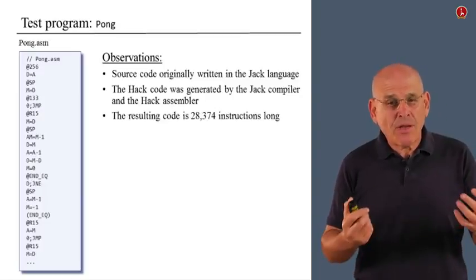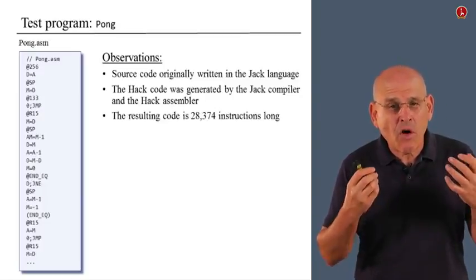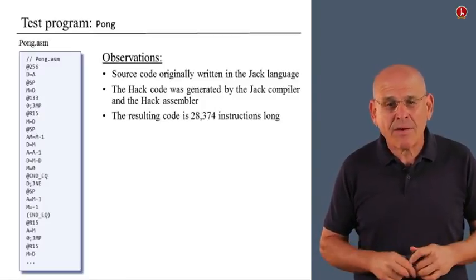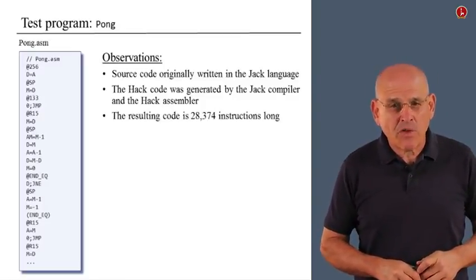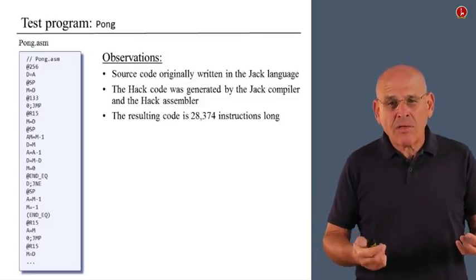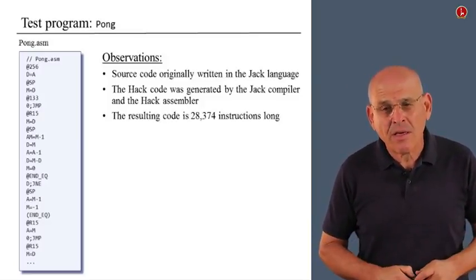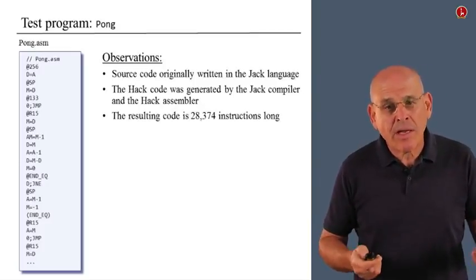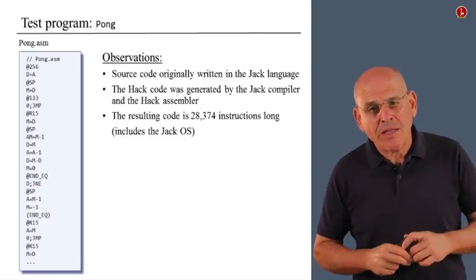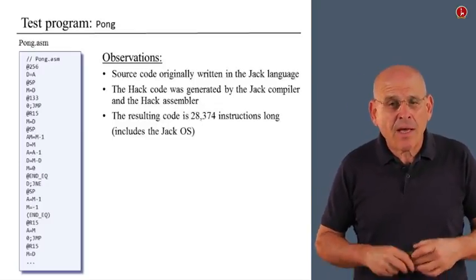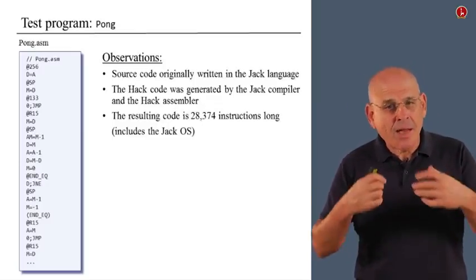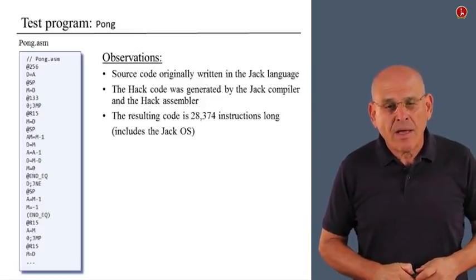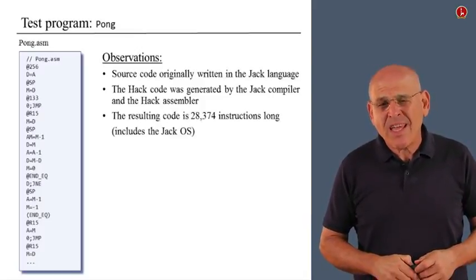So the special thing about this program is that it was automatically generated by the compiler and by the virtual machine. The resulting code is about 28,000 instructions long. If you wonder why it's so long, it is because it also includes the Jack operating system. And the operating system is another thing that we develop in the second part of the Nand to Tetris course.